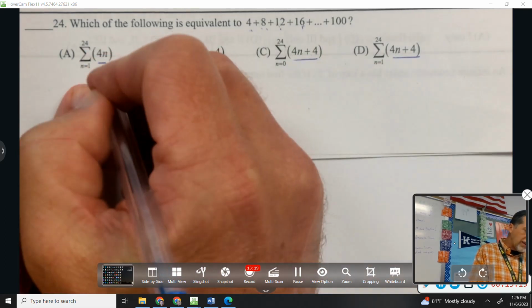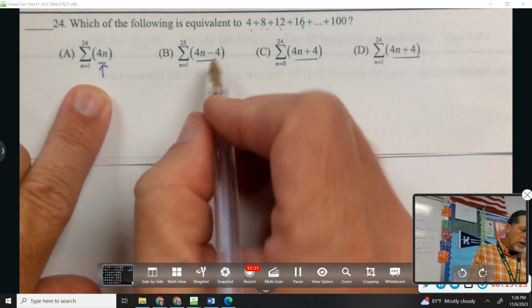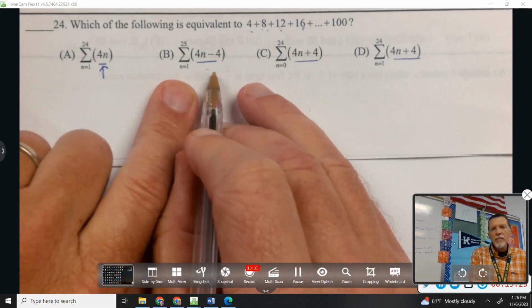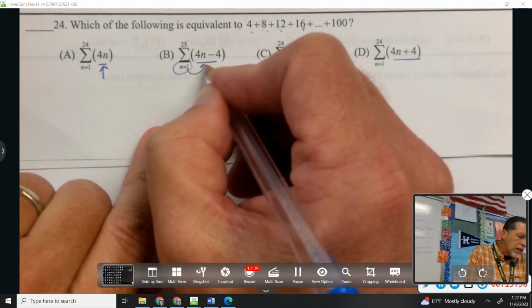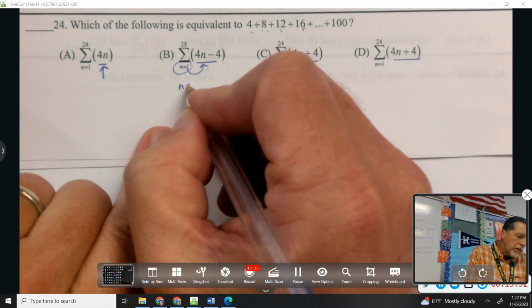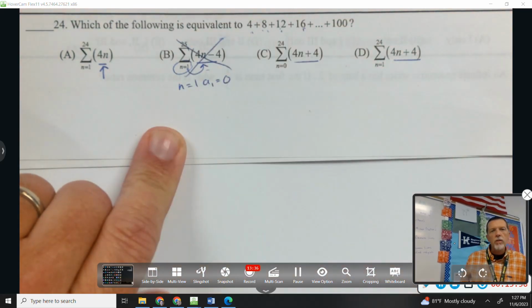So I like this. 4n minus 4, I got to be careful. That might match the term if we didn't start at 1. But if I plug in 1, if n equals 1, a1 equals 0, so that one's out.